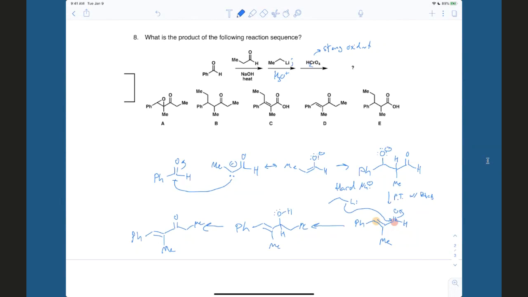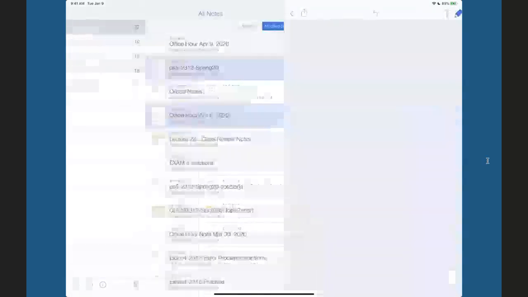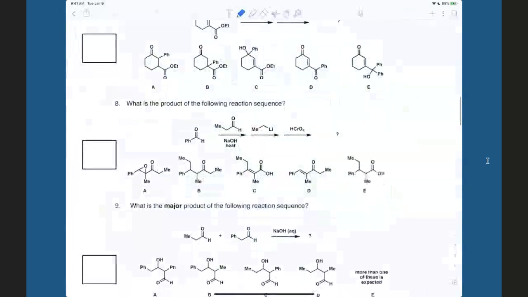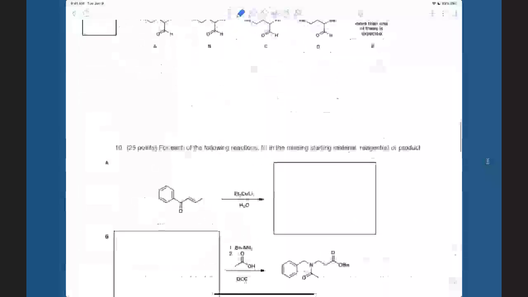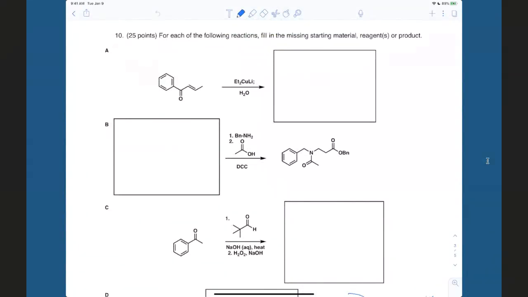All right, 10A, 10B, 10C, there's just all the 10s. Oh, okay, so I might be able to just answer from this page for several of them.